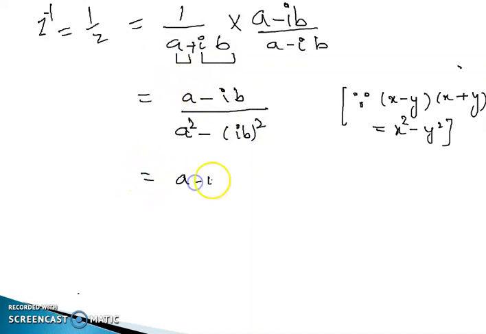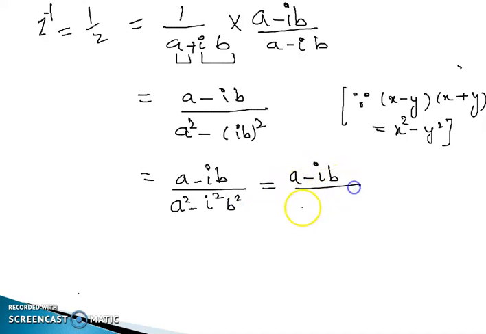So a minus iota b upon a square minus iota square into b square. What is the value of iota square? Iota square is equal to minus 1. So putting iota square as minus 1, it is a square minus minus, plus b square.